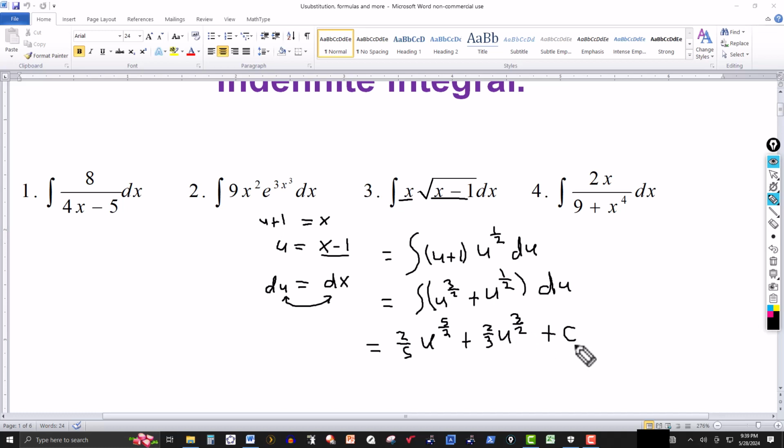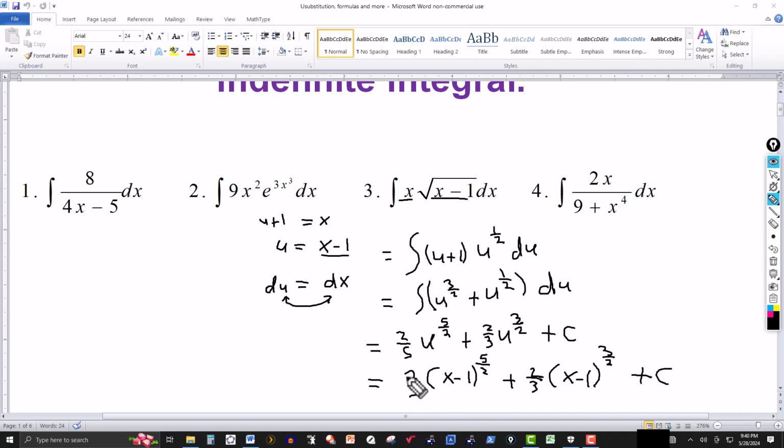The only thing we have to do now is go back to the original variable. So all we have to do now is just substitute the value of u, which is x minus 1. So this will be 2/5, and then the u here is going to be x minus 1. So I put x minus 1 to the 5/2 plus, then 2/3 here, u to the 3/2, and u is x minus 1 to the 3/2 power, plus the constant of integration.